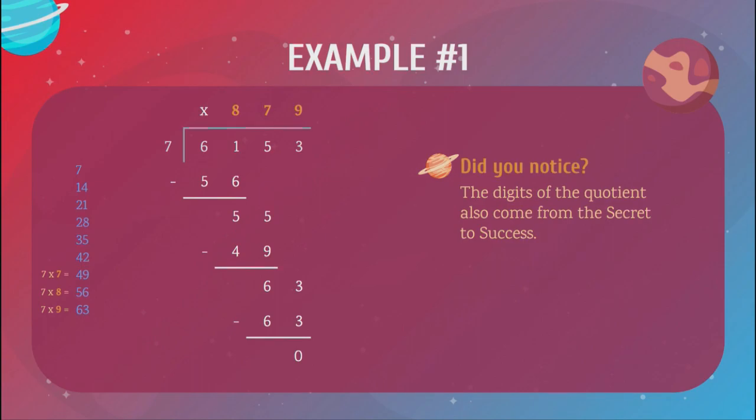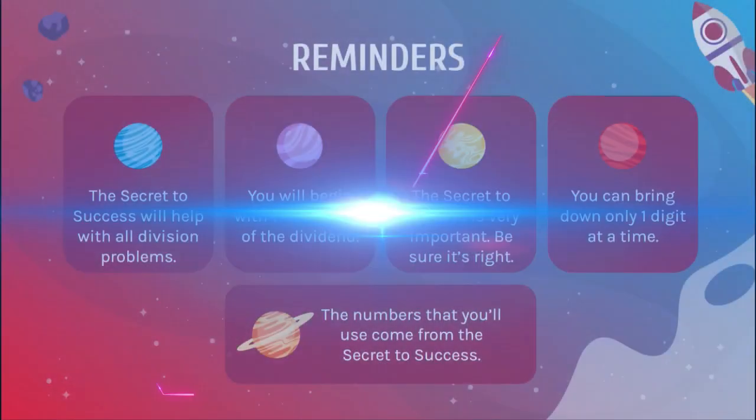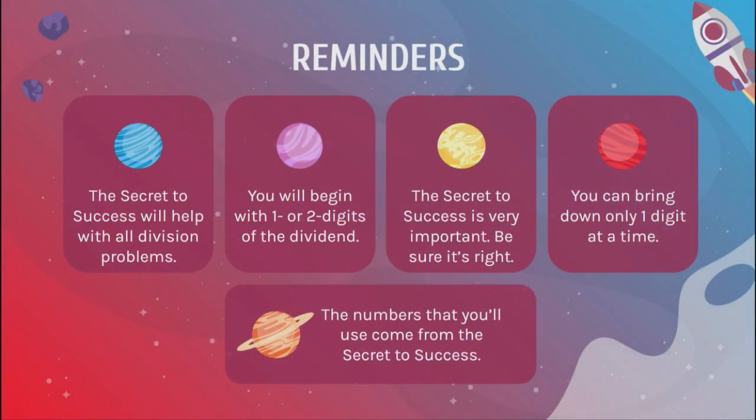Not the blue numbers, but the little multiplication facts out to the side. So everything we used here, every number that we put in this problem ourselves before subtracting, came from the secret to success. Extremely important, the secret to success. One might say it's the secret to your success. So, secret to success is going to help you with all division problems.